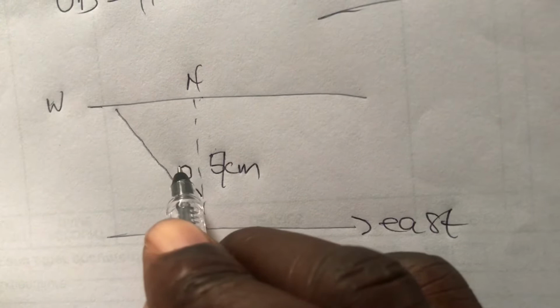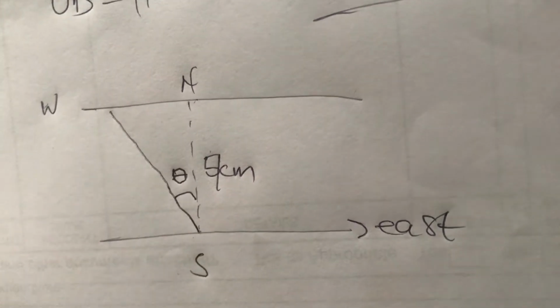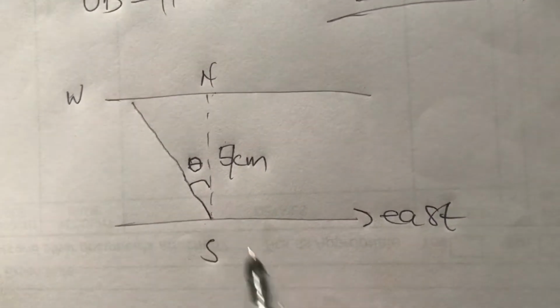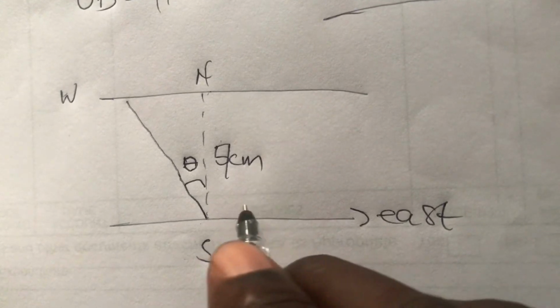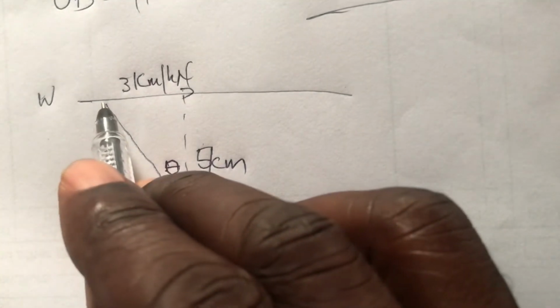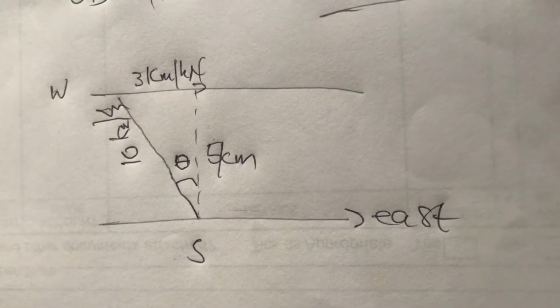We are looking for this angle, angle theta. So this is 5 kilometers. The river is flowing in this direction. This is 3 kilometers per hour. And he is moving at 10 kilometers per hour.